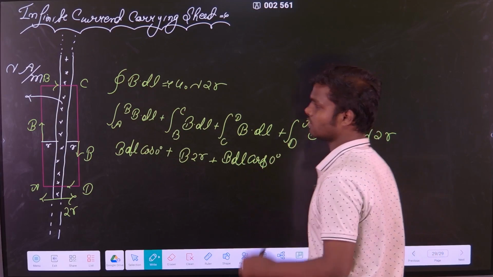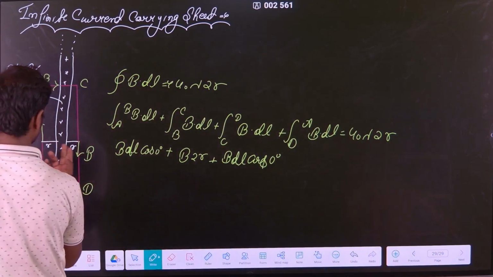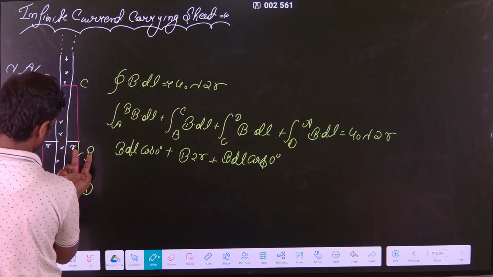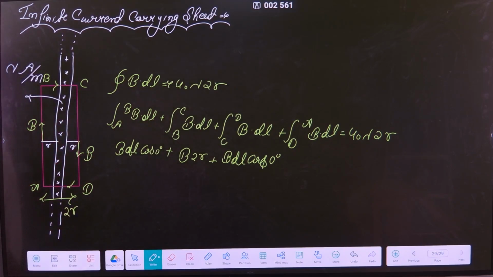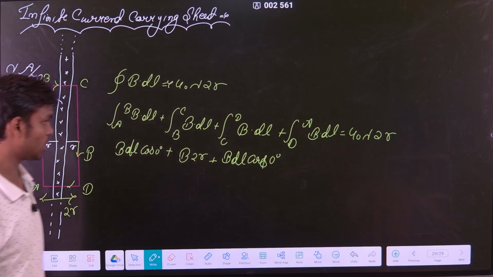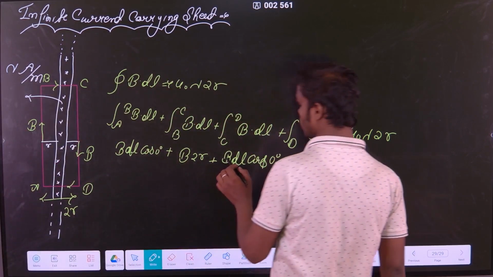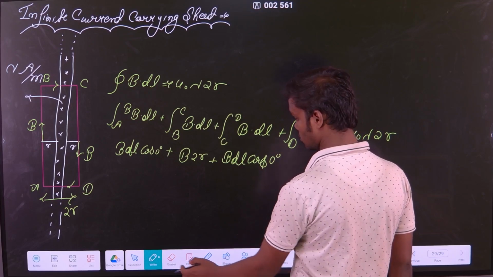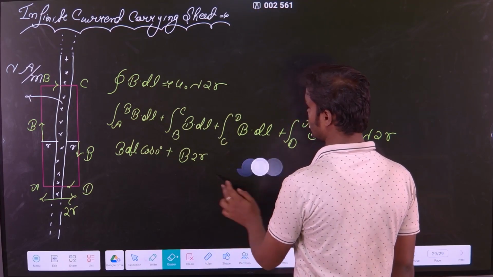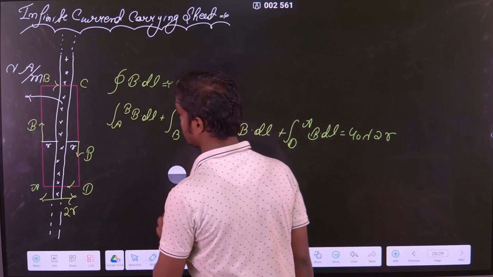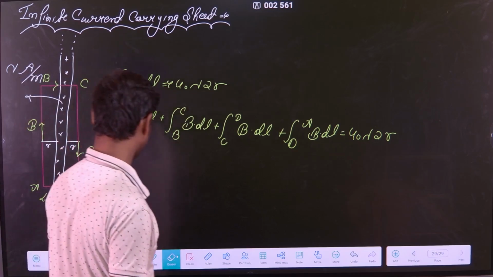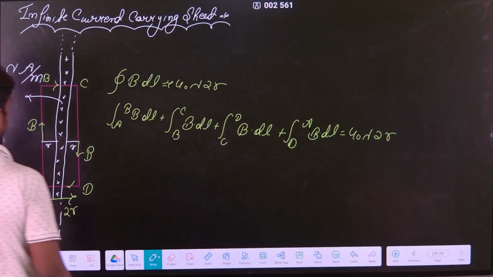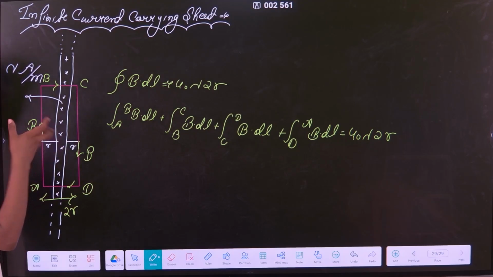But remember one thing, these two vectors are opposite to each other. This B vector and this B vector are opposite to each other, so that means there must be one minus sign. Or we can see one more thing by geometry also.